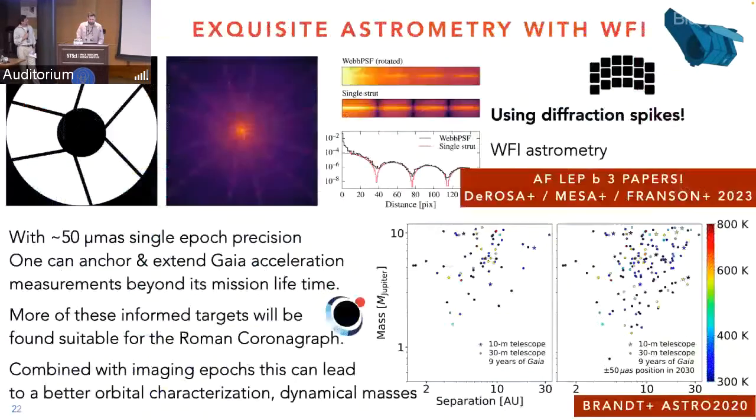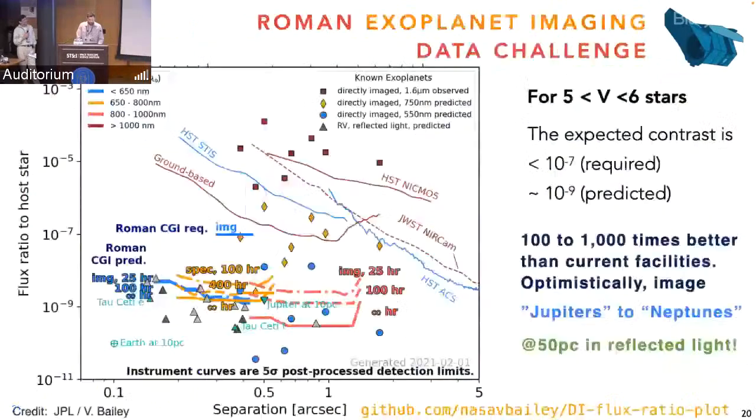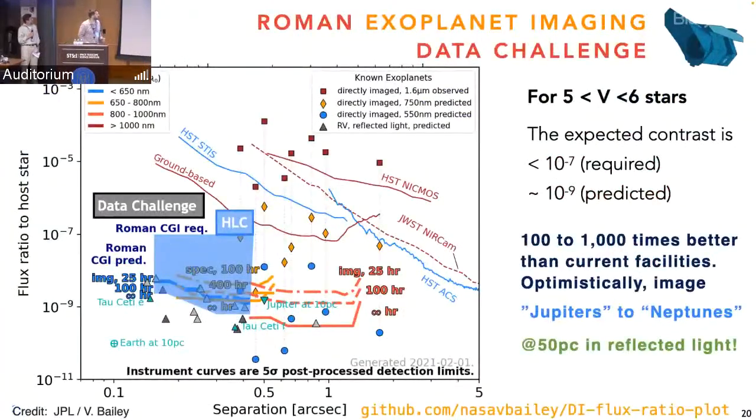Okay, maybe I'm going to show a few slides. So the expectation from the Roman coronagraph is, there's a requirement that has been relaxed because it's a tech demo, a technology demonstrator. So the requirements, we know, are pretty easy to achieve with respect to the hardware we have.